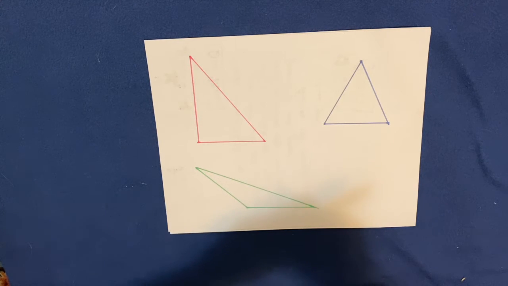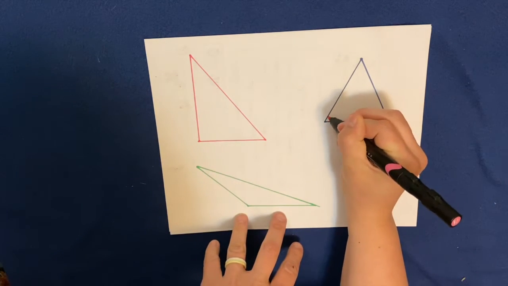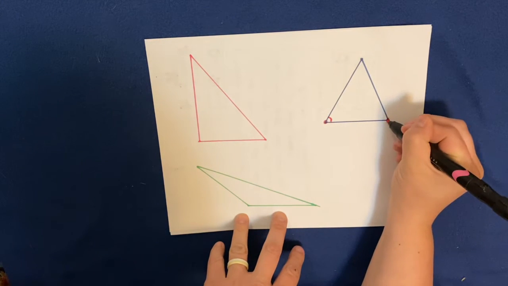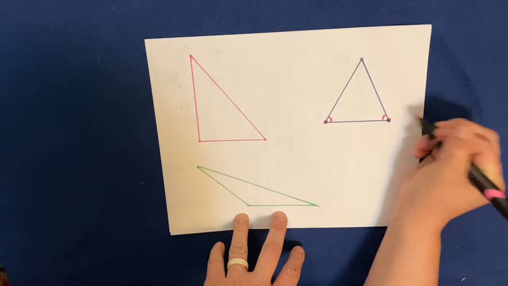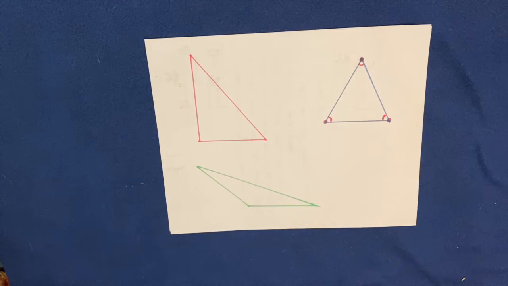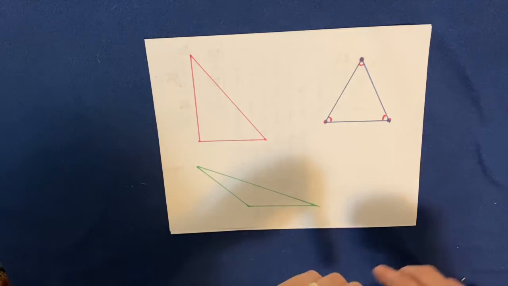It has 3. How many angles does a triangle have? Well, let's see. Here's one, and we can see the vertex and the legs. Here's one, and here's one. Okay, so it's made up of 3. Tri means 3.